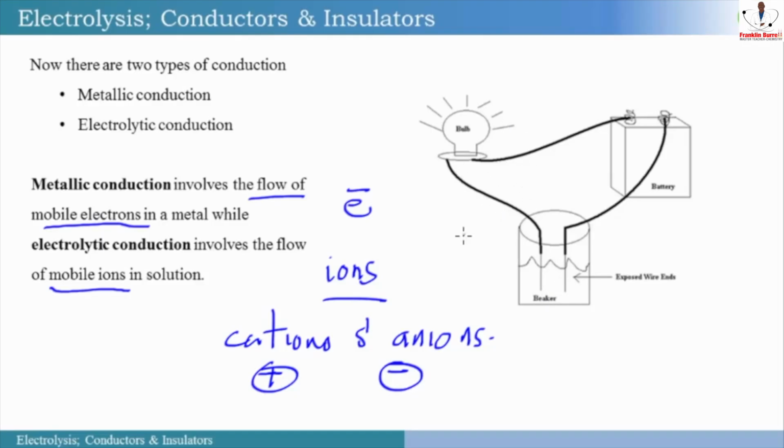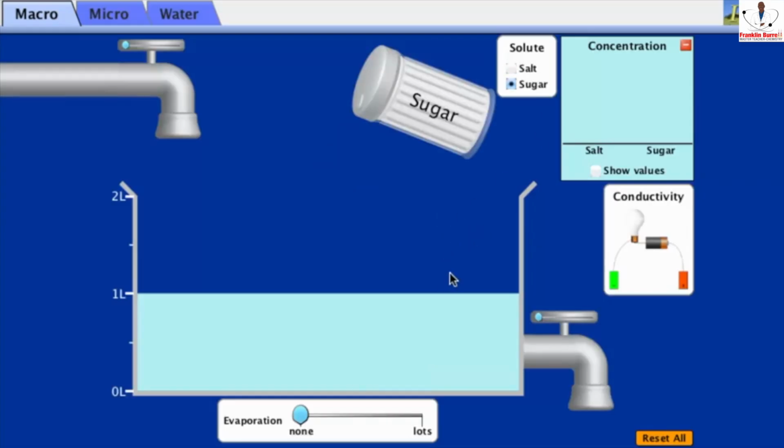Let's observe. Let us carry out our investigation to check to see if sugar is a conductor or salt is a conductor. If the bulb lights, then they will be considered conductors. If the bulb will not come on, then they will be considered as non-conductors or insulators.